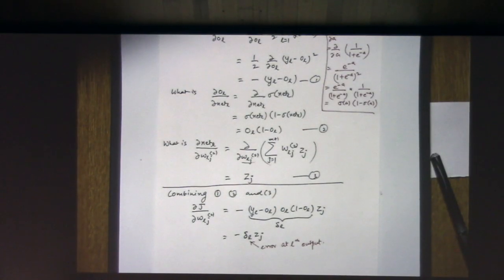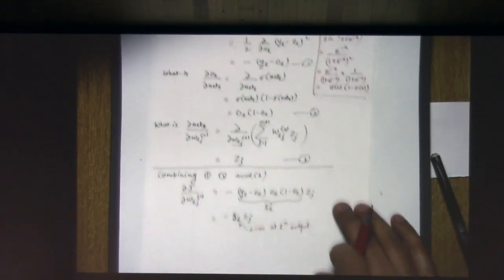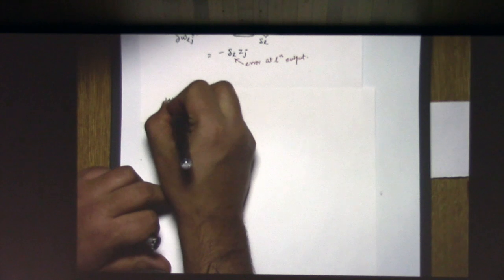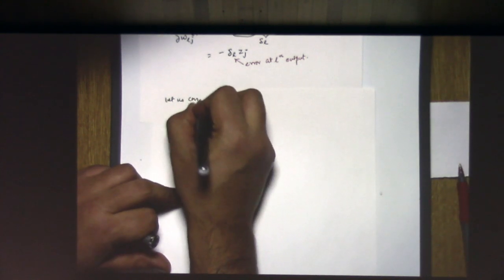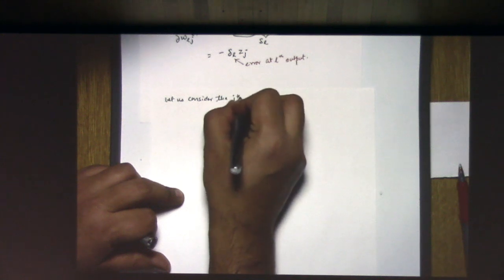So we have done this part. I'm going to use a new sheet now. Let us consider the jth hidden unit.